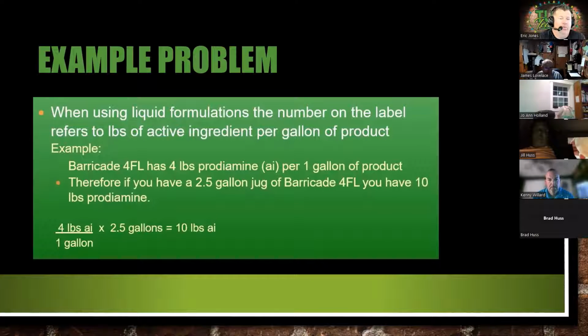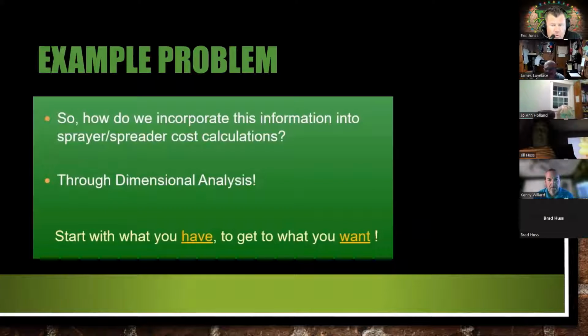And so how do we get to how much it's going to cost us? We're going to use dimensional analysis. I learned this at a pesticide seminar that I went to years ago down at NC State, like a turfgrass field day, and it was cool putting all these problems together. And so with dimensional analysis, you're starting with what you have to get to what you want.